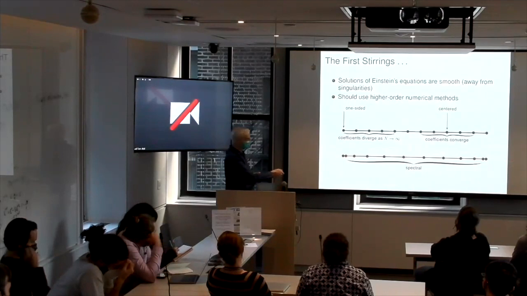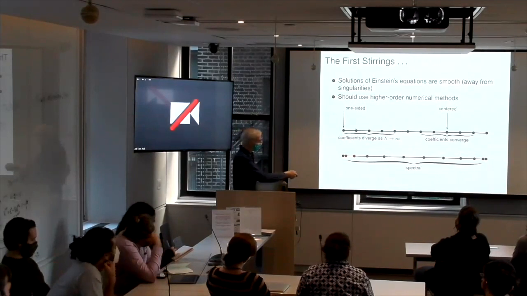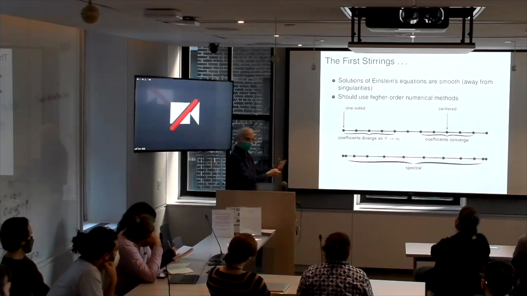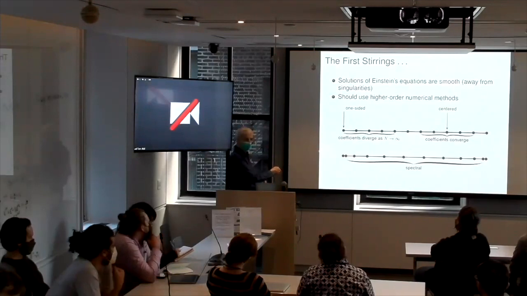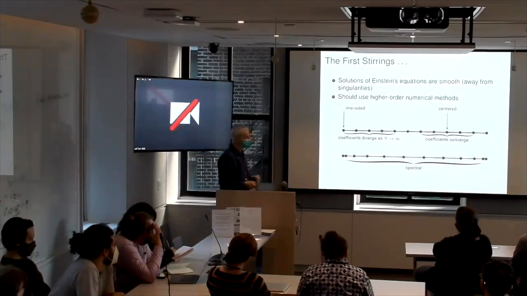And it turns out that with spectral methods, you can approximate a derivative, say here, using all of these points to get a high order approximation that's extremely stable. So you get around this problem, you don't need the ghost zones.